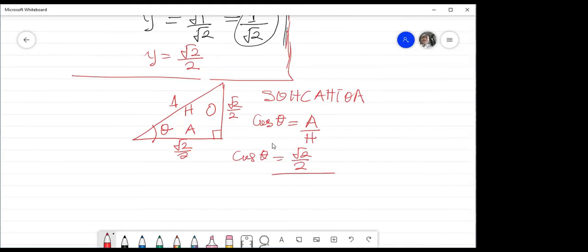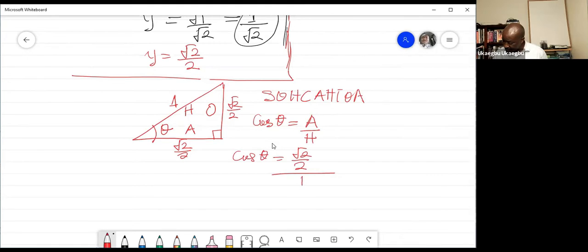Hypotenuse is what? 1. And remember, any number divided by 1 is the same number. All right, so which means cos theta is √2/2.